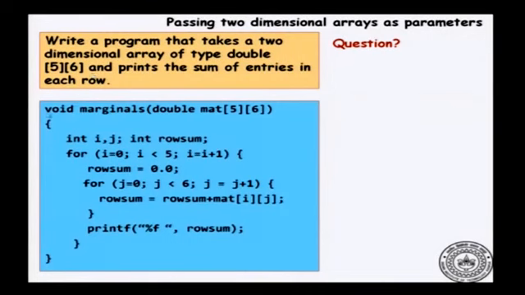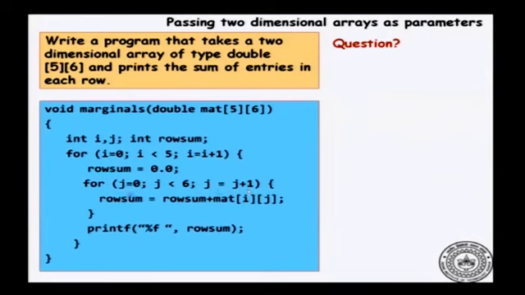We have a function void marginals. It takes a matrix 5 by 6. It has int i, j, where i is over the rows, j is over the columns, and I also have a row sum variable to keep track of the sum of a row. I have an outer loop which goes through all the rows. For each row, I initialize the sum to 0. Now, for each row, I have to sum all the elements in the ith row.